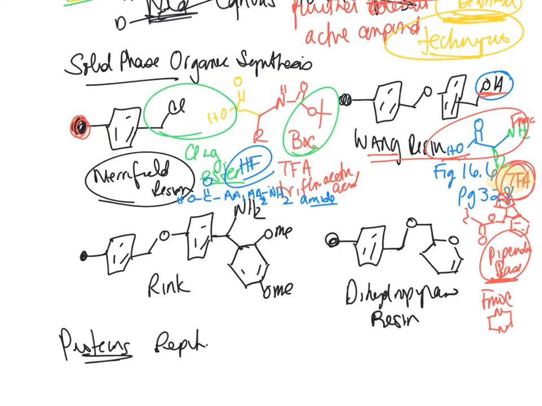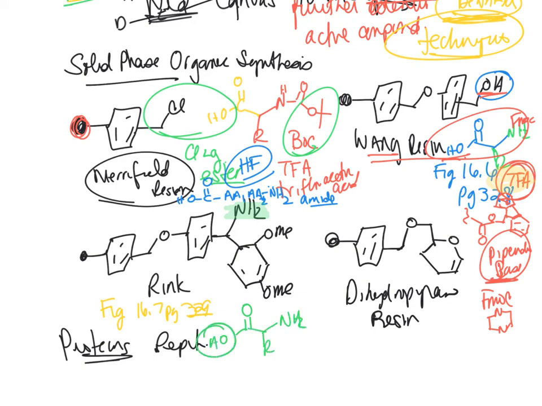Okay, what about the Rink resin? So if you see the Rink resin, that is figure 16.7 on page 329. As you see again, here's the amine group, and the amine now reacts with the carboxylic acid of an amino acid.